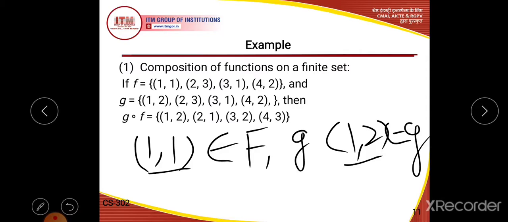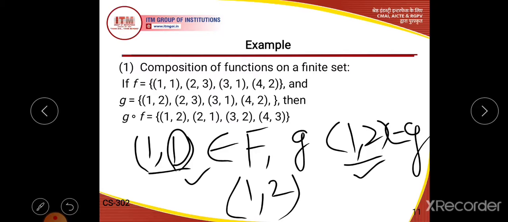So if we compose these two ordered pairs, we get (1,2), because the second coordinate of F is the same as the first coordinate of G. After using composition we get (1,2), and this pair comes in g∘f.